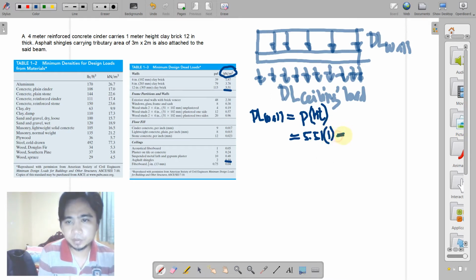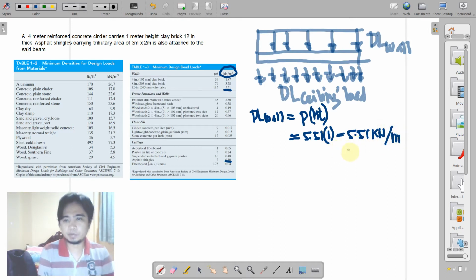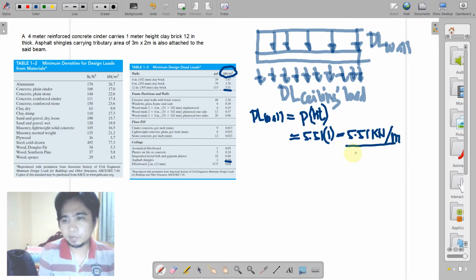Therefore, this is equal to 5.51 kilonewton per meter. So that is one of the requirements in your exam: 5.51 kilonewton per meter as the dead load of the wall.